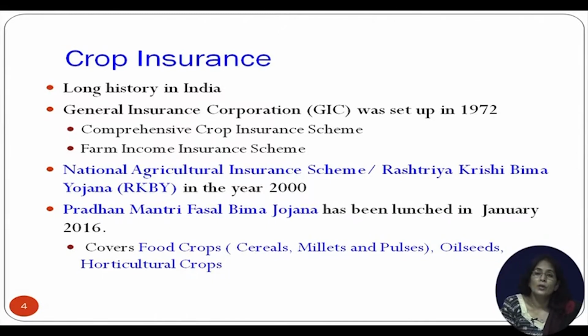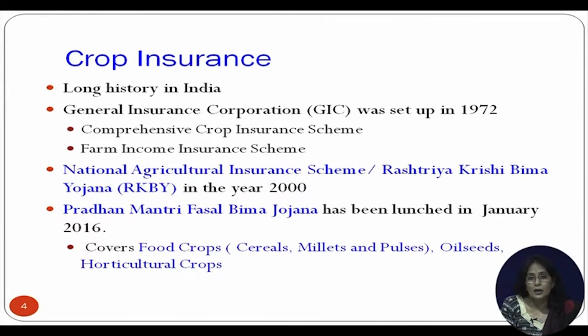I am not going into the detail of each of these insurance schemes. However, the bigger picture I want all of you to appreciate is that crop insurance has been one way of mitigating price risk by farmers. In fact, recently Mr. Narendra Modi initiated, during his tenure, the Pradhan Mantri Fasal Bima Yojana.